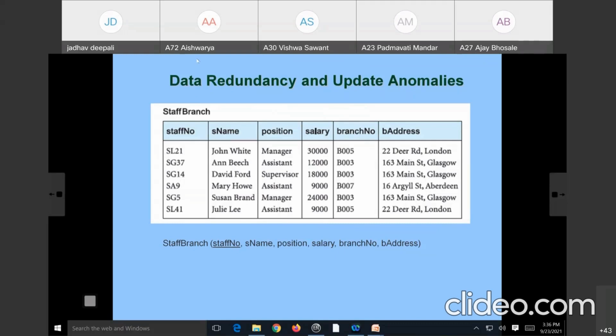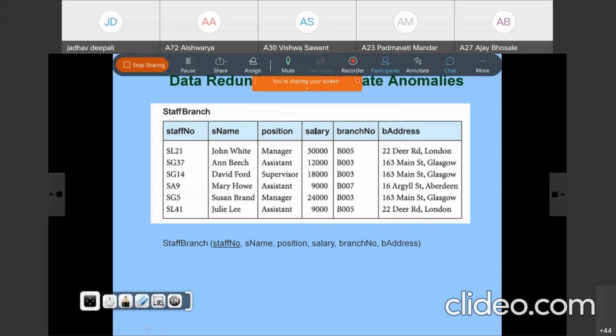Now, when we look at this relation, what we observe is that it has redundancy in the branch address, maximum redundancy in branch address. Why? Because there are 3 staff members associated with B003.